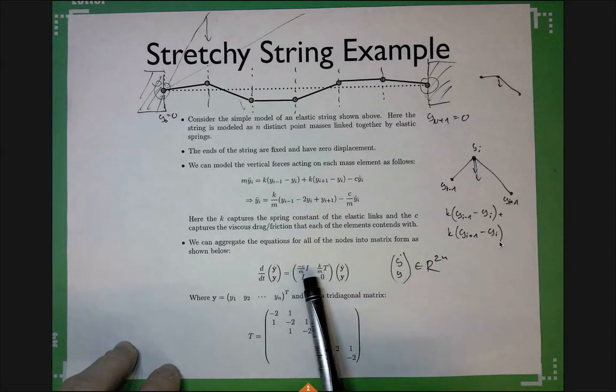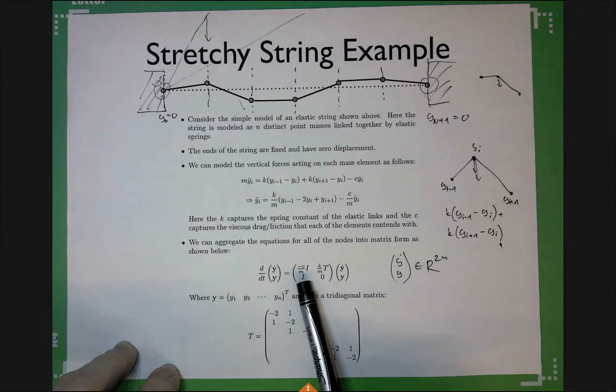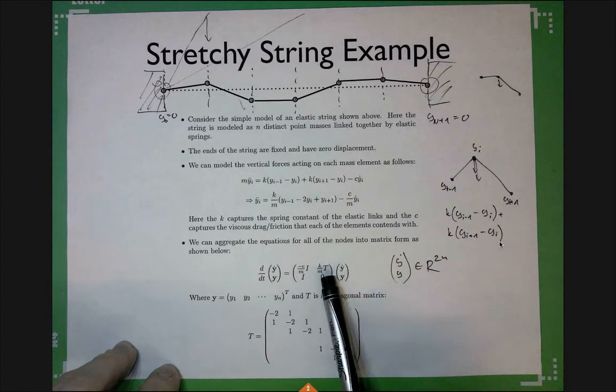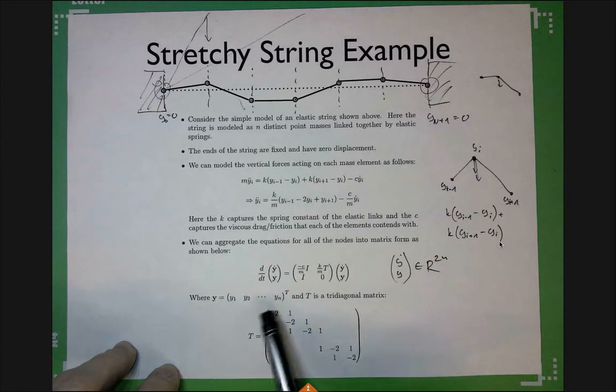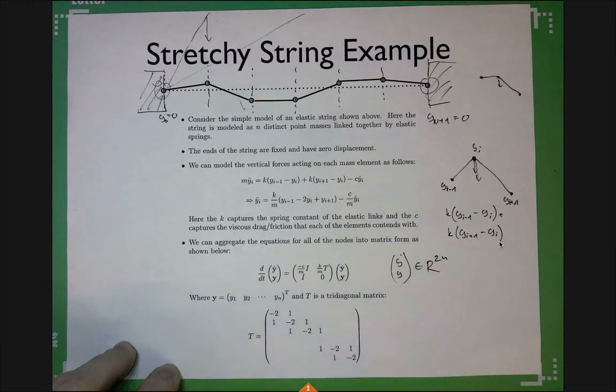So this ends up being just the identity matrix. That's the damping matrix, the damping term, and the T matrix is essentially almost a Laplacian matrix, coming from the spring forces.